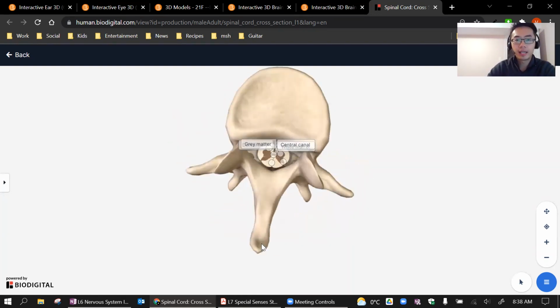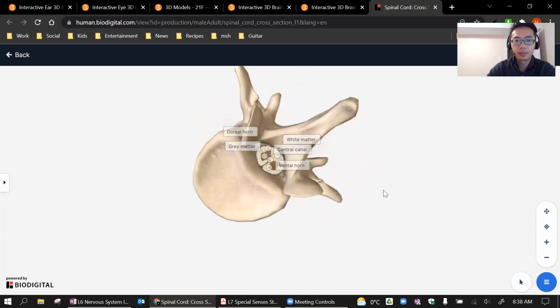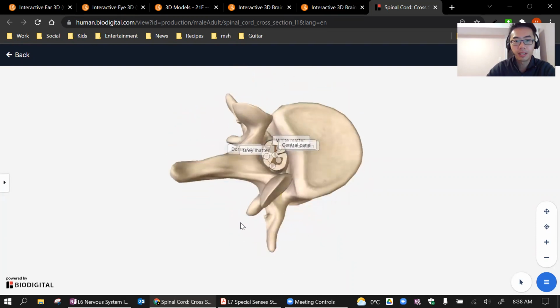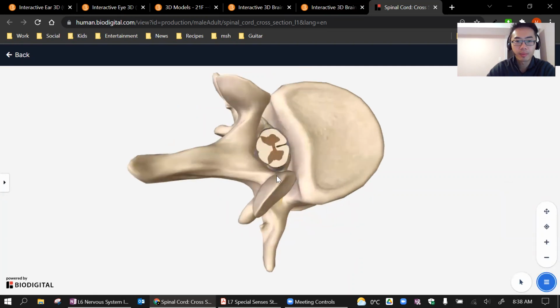If you look at the middle of the backbone, you will see that there is your spinal cord. There's your spinal cord. Let me see if I can turn off the label. There's your spinal cord.